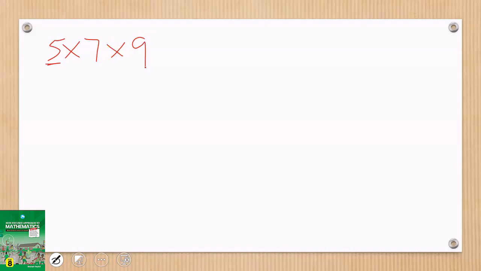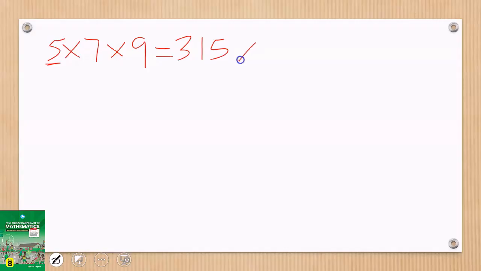So 35 days times 9 will be 315, right? And the 315 will be the amount they will spend on each person for 7 days and for 5 weeks.